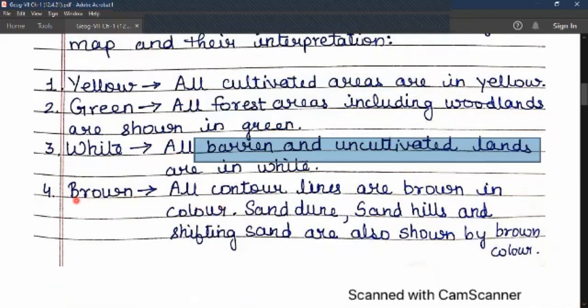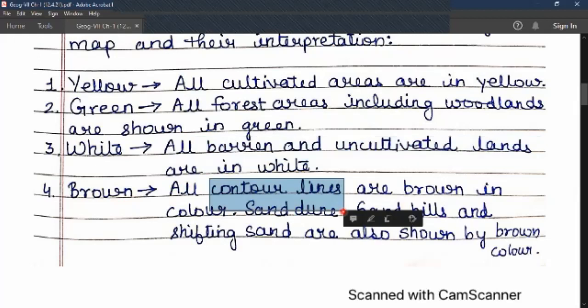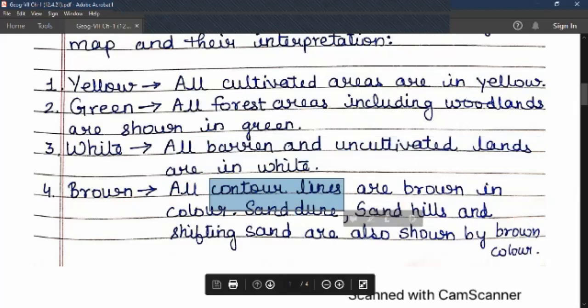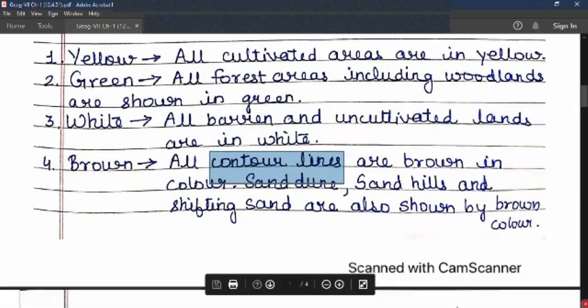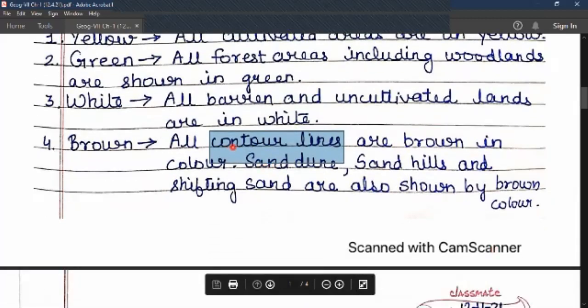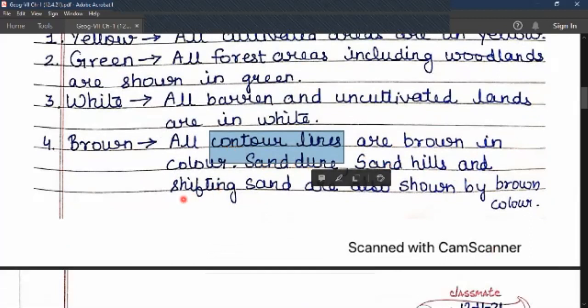Number 4, brown. All contour lines are brown in color. Apart from that, sand dunes, sand hills, and shifting sand are also shown by brown color.